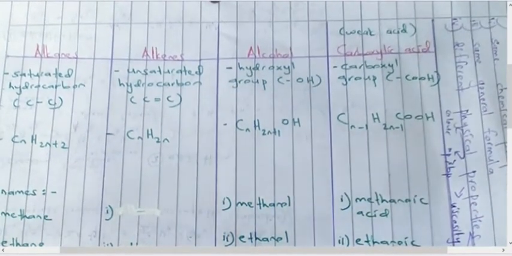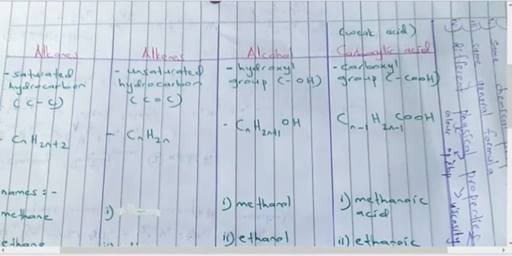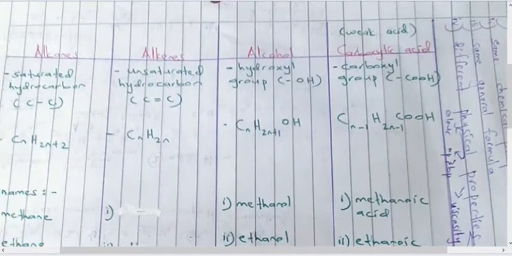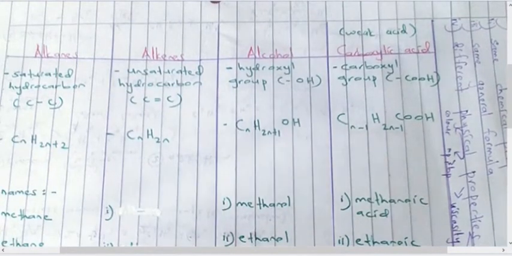They have C single bond C, so they are saturated hydrocarbon. You will understand why it is called saturated later. Hydrocarbon just means that it's a compound that contains only hydrogen and carbon, so it is shown in the name itself.